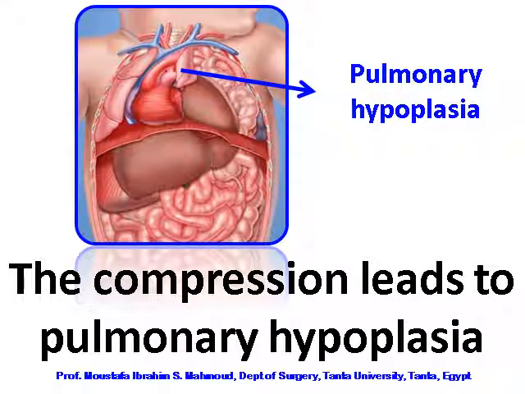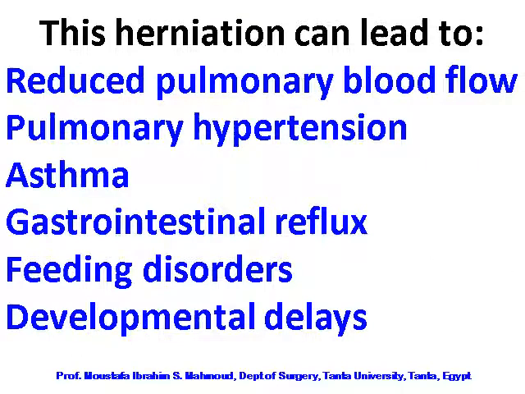The compression leads to pulmonary hypoplasia. This herniation can lead to reduced pulmonary blood flow, pulmonary hypertension, asthma, gastrointestinal reflux, feeding disorders, and developmental delays.